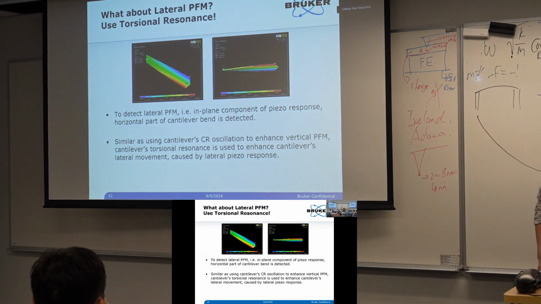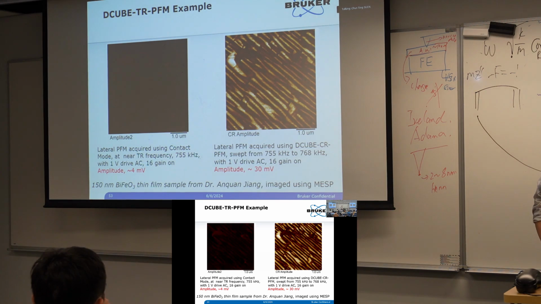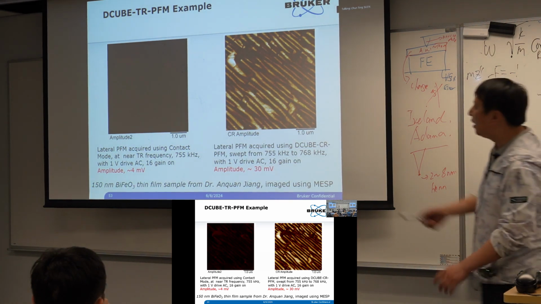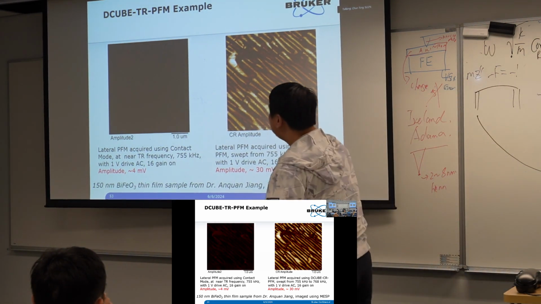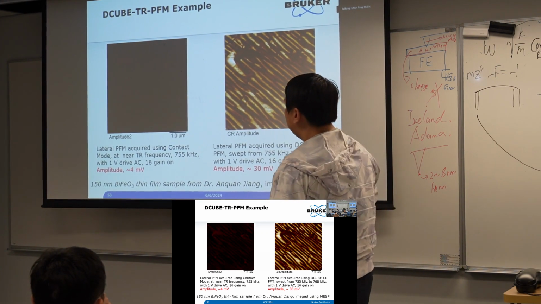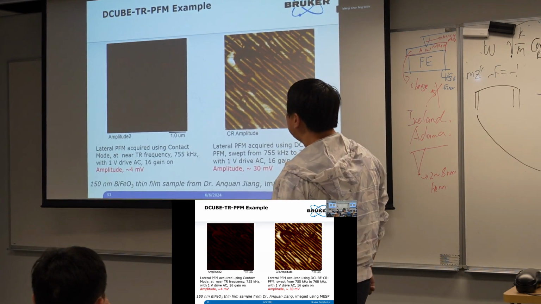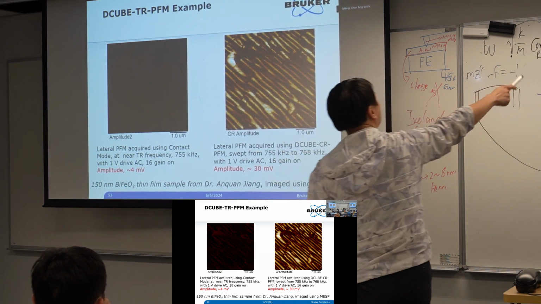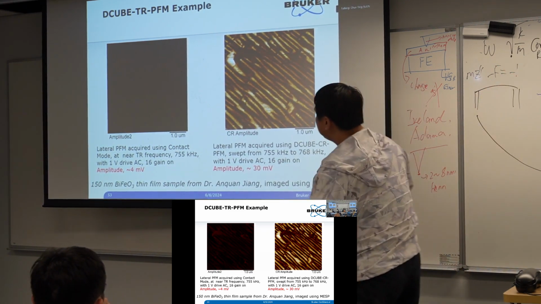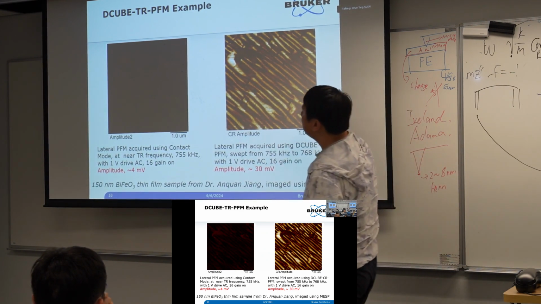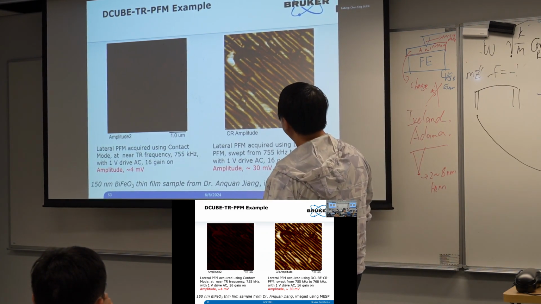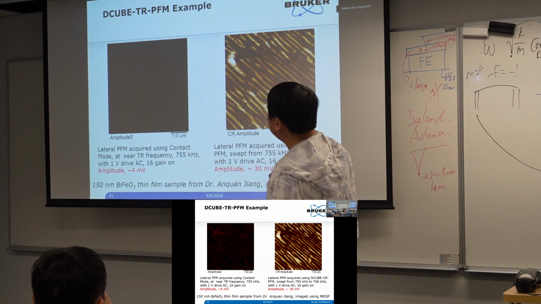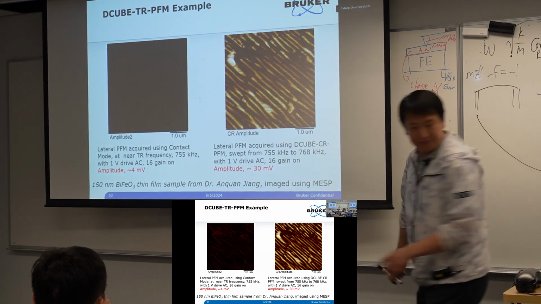If you want to try, the torsional resonance is about 10 times omega 0. This is the result I got at Fudan University, using the torsional resonance to amplify the signal.